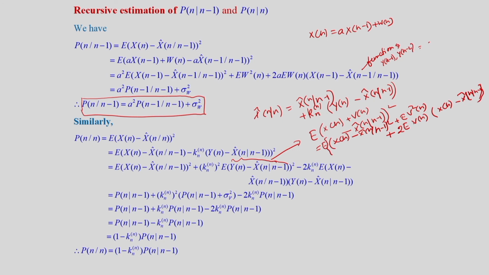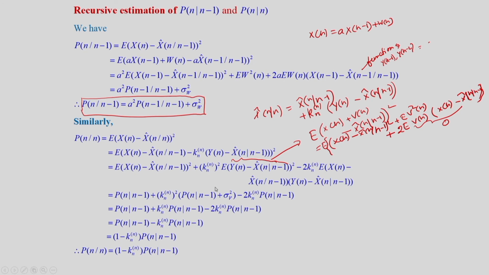Now, this part v[n] is independent of x[n] and v[n] is independent of all past data. So, that way v[n] is independent of x̂[n|n-1] also. Therefore, this part will result in 0. So, what we will have is this is mean square prediction error, and this is sigma v square. So, we can write it as K[n] whole square into P[n|n-1] plus sigma v square.